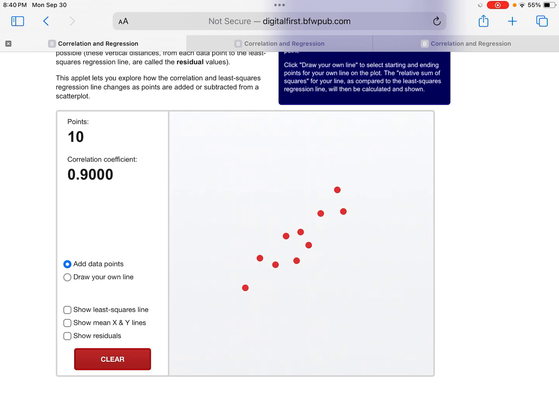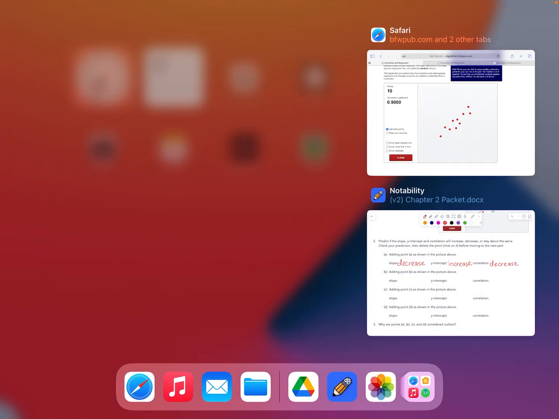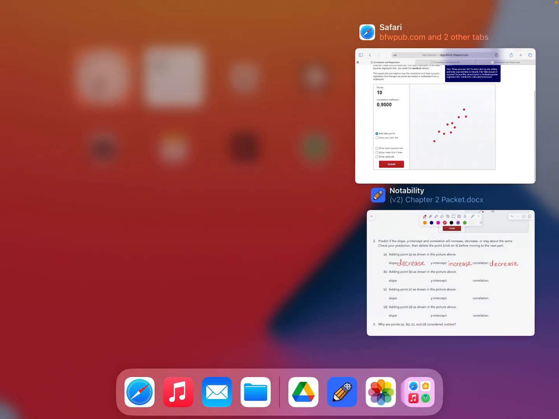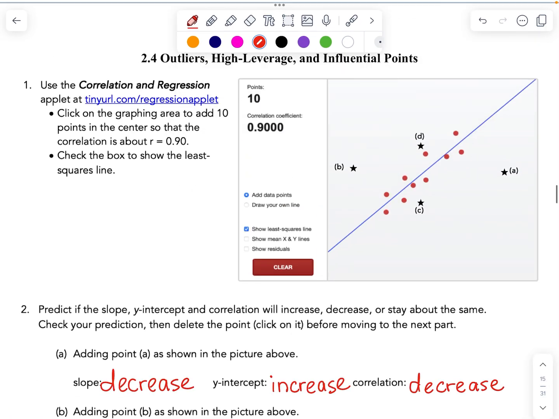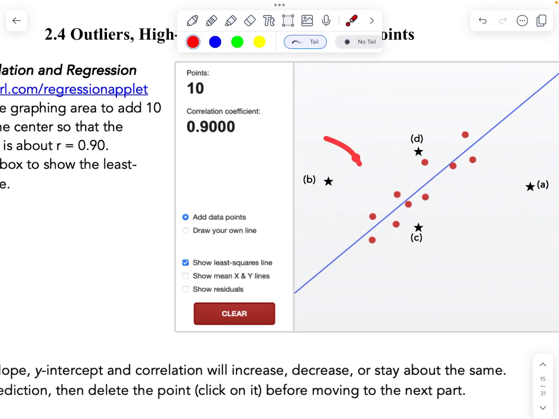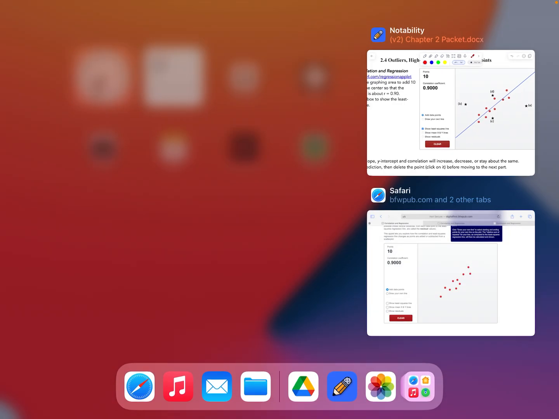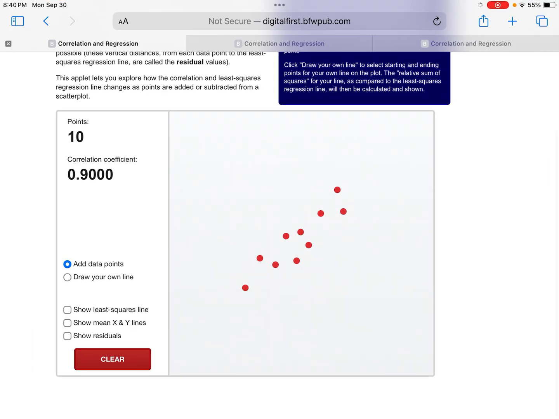Okay, let's now talk about point B. So point B is this point. Let's approximate it on the applet. And then watch what happens. So here's what my regression line is looking like right now.